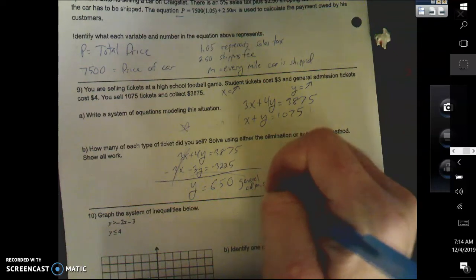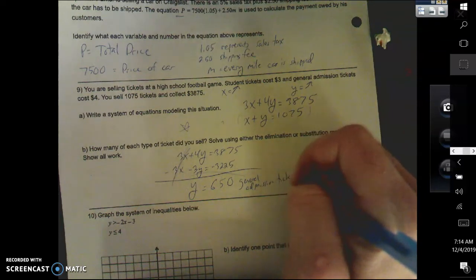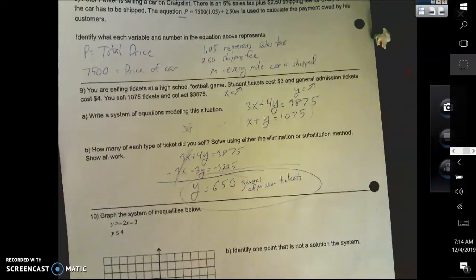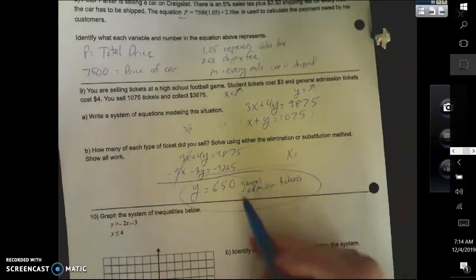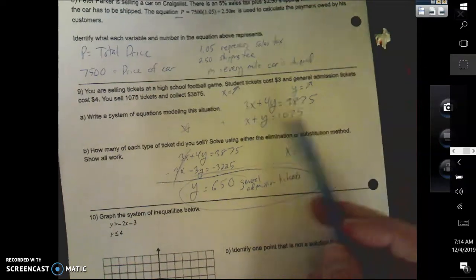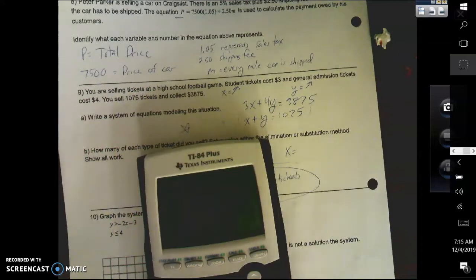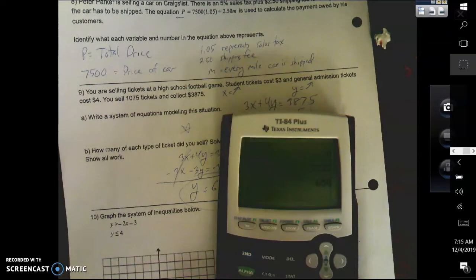General admission tickets. To find x, I'm going to plug this back into one of these two equations. Hey guys, look, easiest equation in the world. I'm just doing 1,075 minus 650. Man, is this calculator terrible in this light? I'm so sorry.